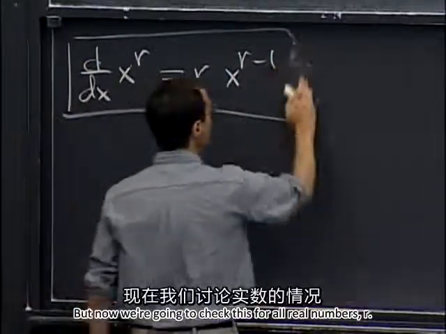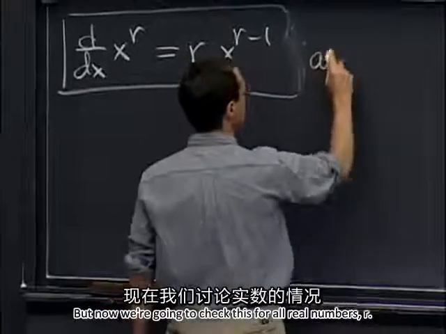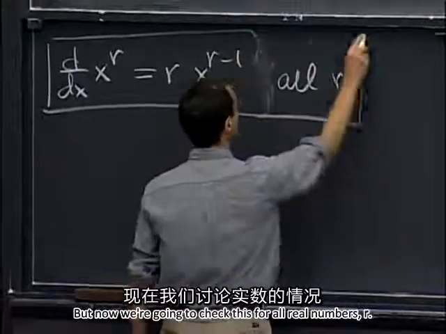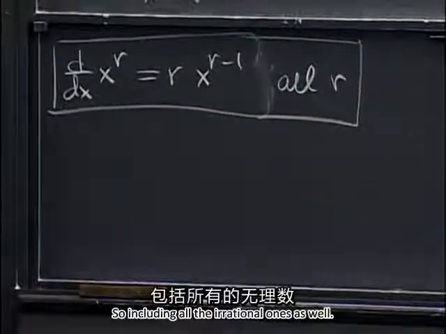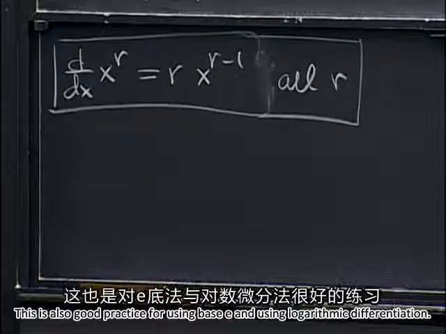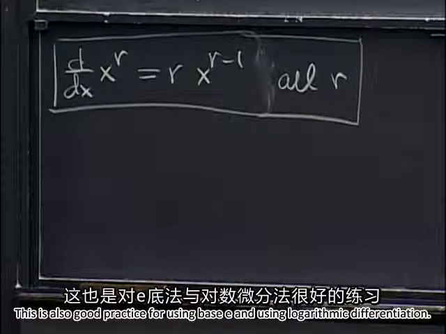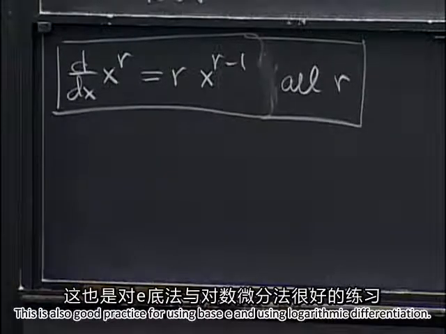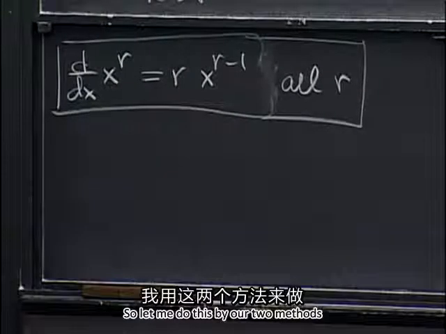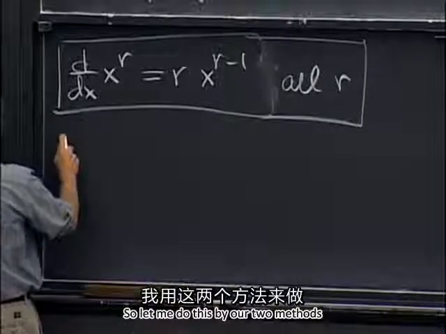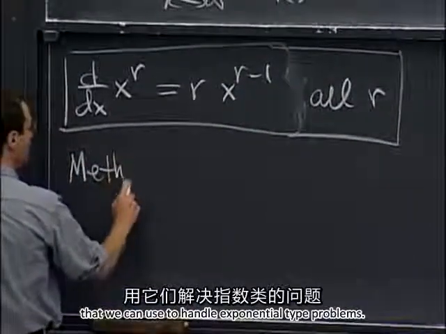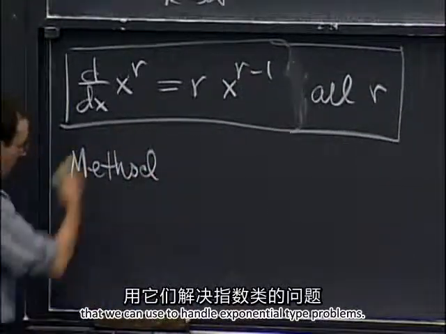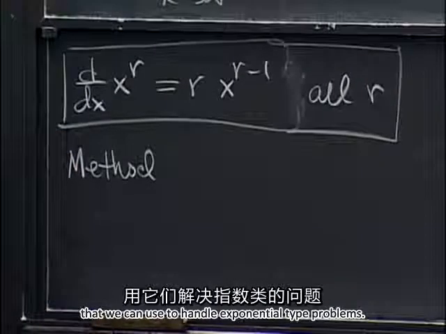But now, let's just stick this in here. We're going to check this for all real numbers r, so including all the irrational ones as well. This is also good practice for using base e and using logarithmic differentiation. So let me do this by our two methods that we can use to handle exponential type problems.